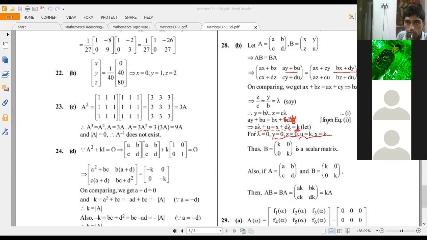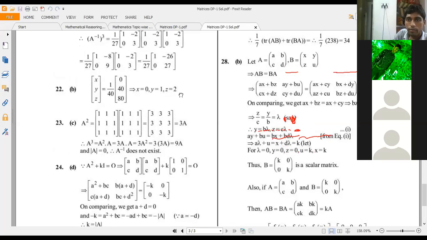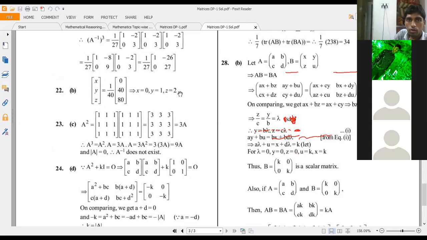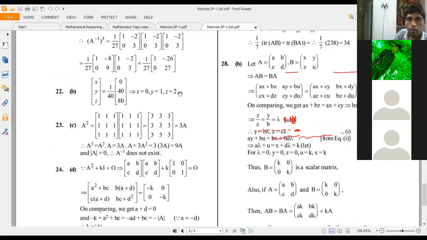When you're saying lambda is 0, you're basically making matrix B a scalar matrix because x is becoming equal to u and y and z are becoming 0.